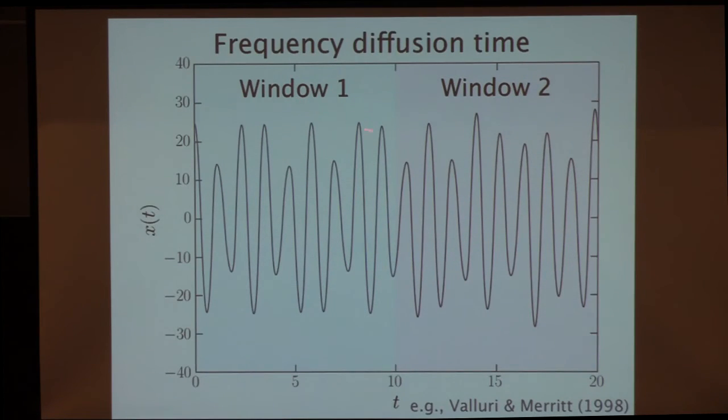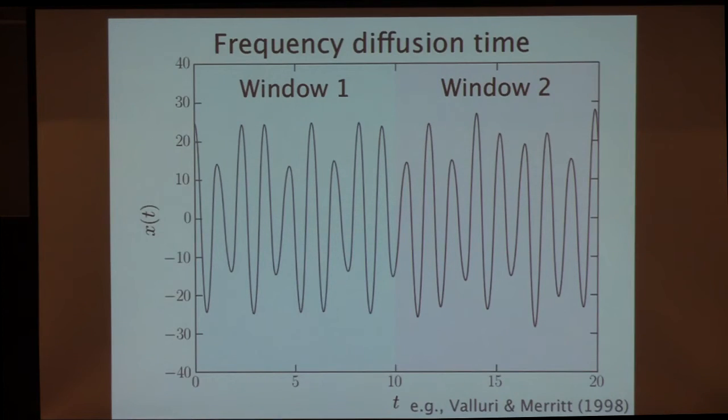So what has been done classically is to define what's called a frequency diffusion time. And to do that, what you do is you look at position x for some very long period of time. It's typically more than 10 orbital periods, a minimum of 10 orbital periods. And then you look at x in a second window of order 10 orbital periods.